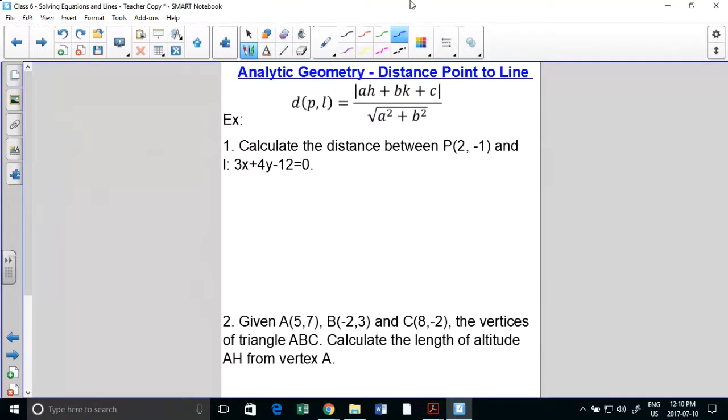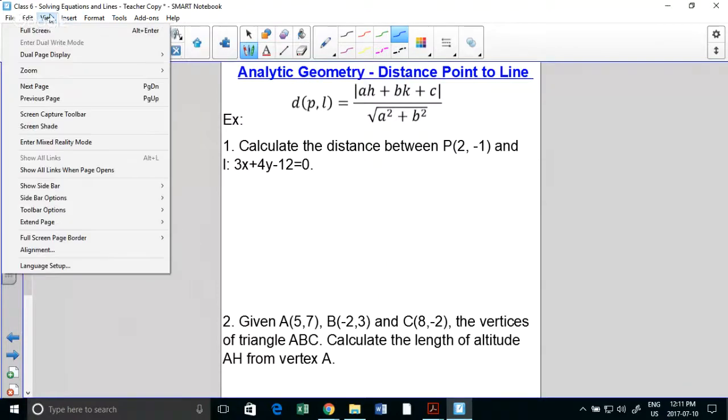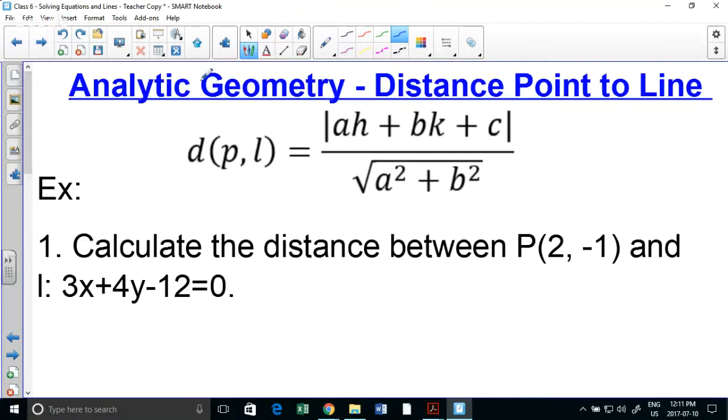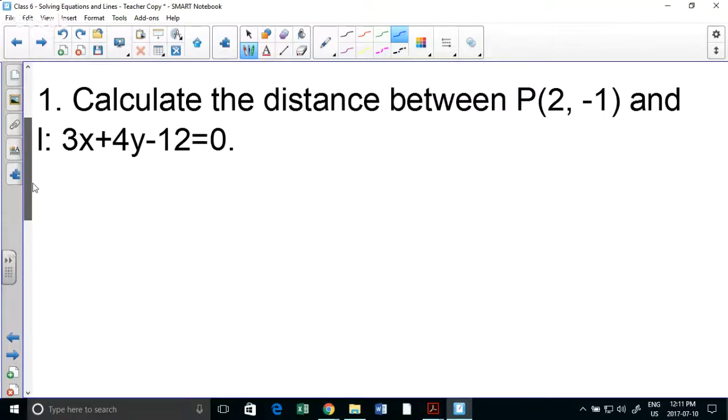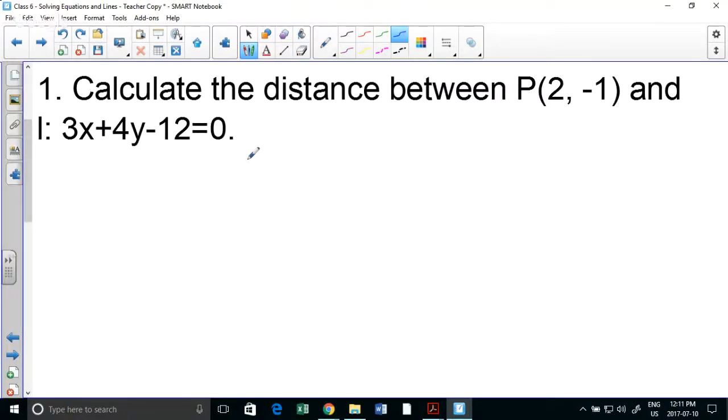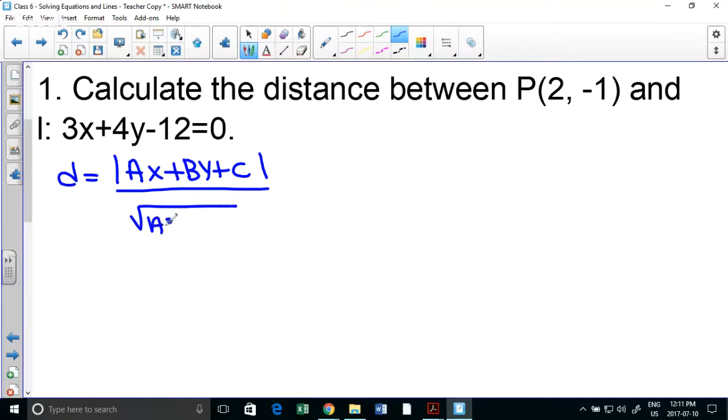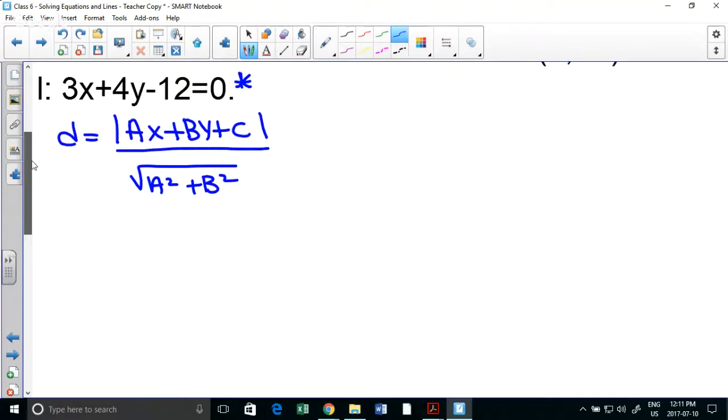So let's start some examples. All right. Calculate the distance between this and this. So your distance, you have a point, you have a line, ax plus by plus c all over the root of a squared plus b squared. Now, the first thing you would do is convert this into general form, but in this case, we have general form, so we don't need to do that.